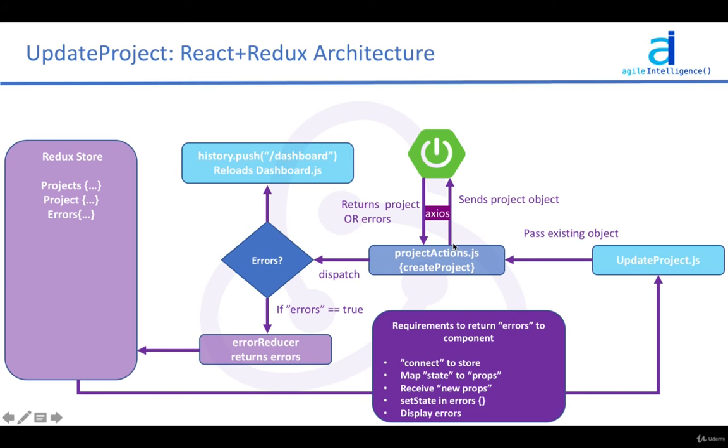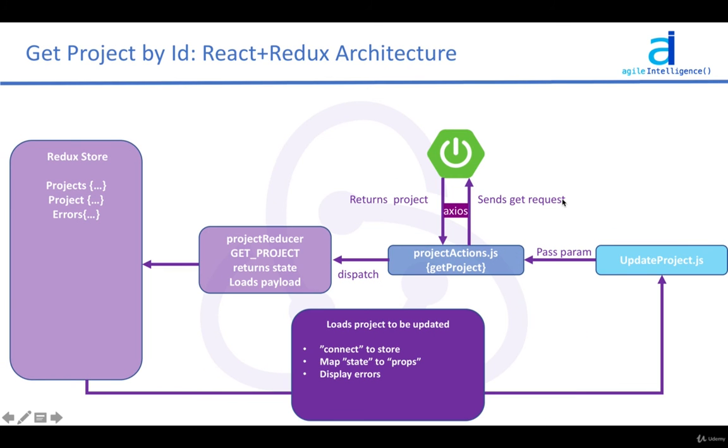So in the next lecture, I think the first thing we're going to do is create the component and then set up the route. And it is very important that when we set up this route, we pass a parameter. Whenever we trigger the update project route, it has to have the parameter, which is the project identifier.